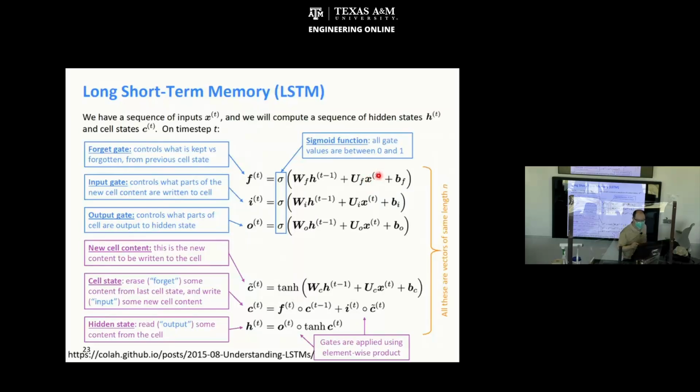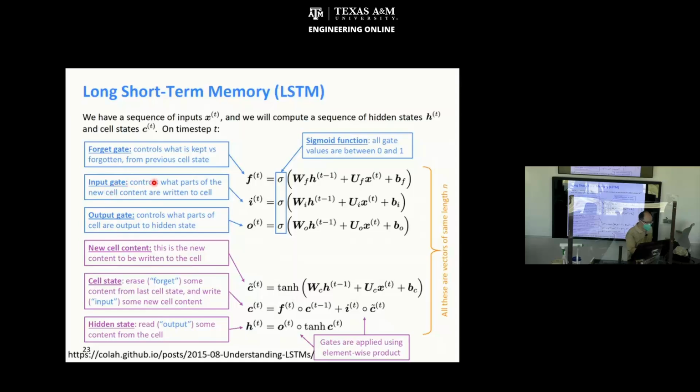They are fed into this function, which is a forget gate, parameterized by WF, UF, and BF. This is a sigmoid function. Remember, all gate values are between 0 and 1, so the sigmoid function is a natural choice. So that's the forgetting gate.